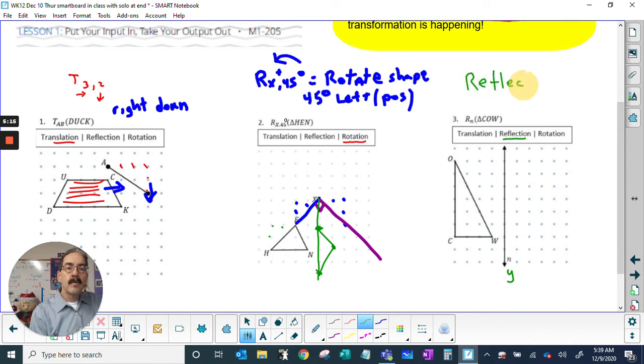We're going to reflect the y-axis, or in this case, the n line. All right, so we're going to reflect. Okay, so make sure that you wrote down R sub n, and in this case it was a triangle. Okay, means to reflect. Okay, and then today we're going to practice that.